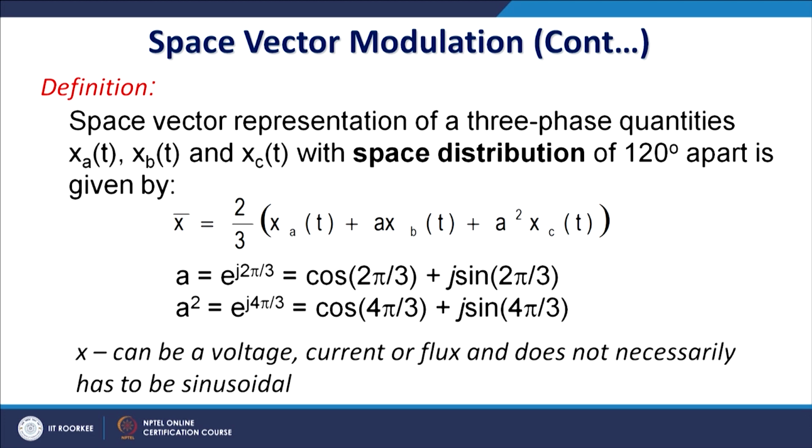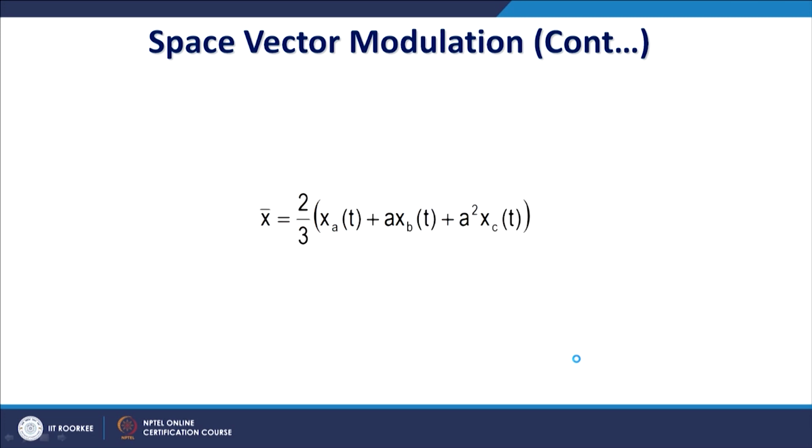X can be voltage, current, flux, whatever the electrical quantity, and it can be represented in this fashion. So, essentially the average value of this electrical quantity can be represented by this.